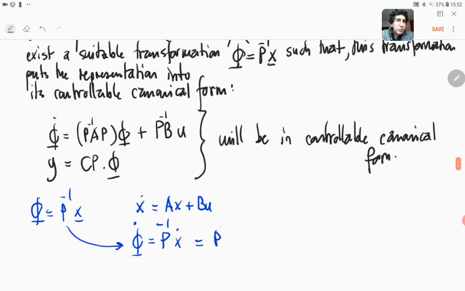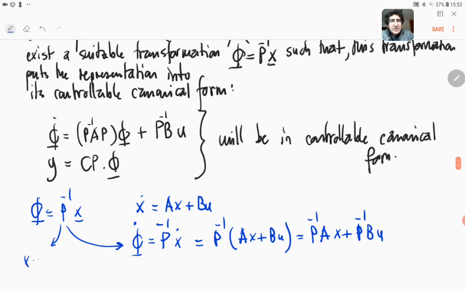And that is equal to P to the power minus 1 times Ax plus Bu. So that becomes P to the power minus 1 Ax plus P to the power minus 1 times Bu. But also from here we know that x is equal to, because P is invertible, we can re-invert P to the power minus 1.